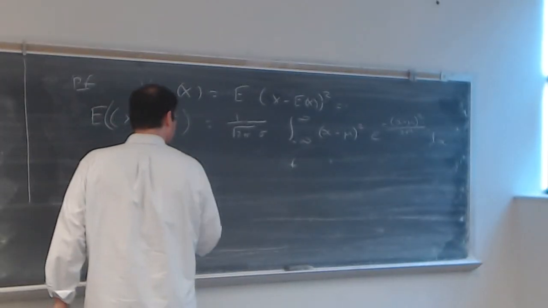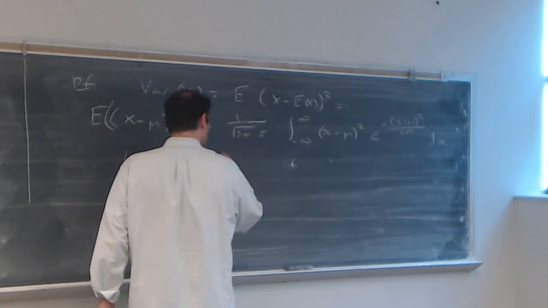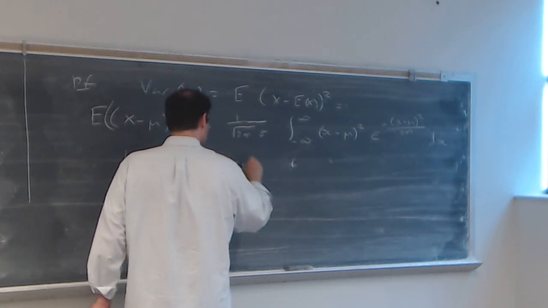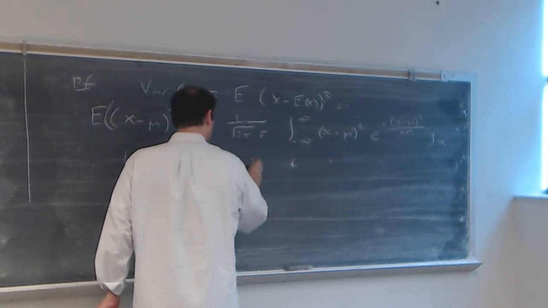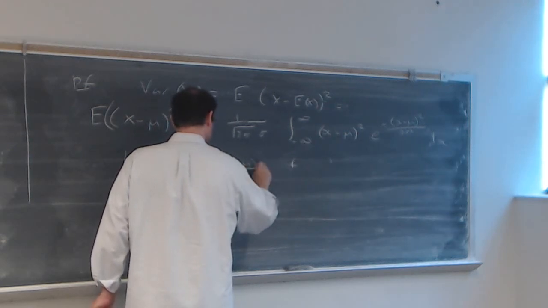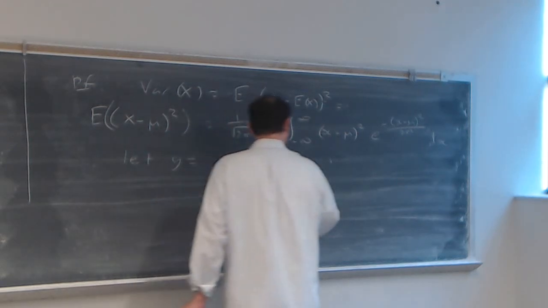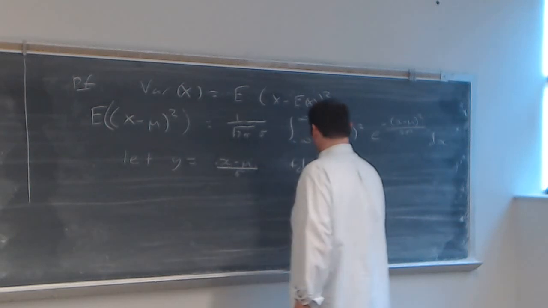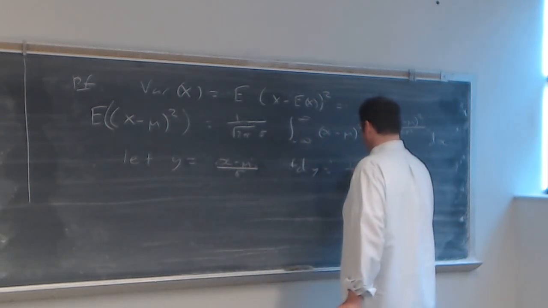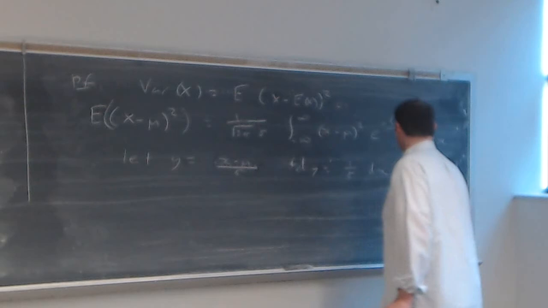Here we're going to let y be equal to (x minus mu) over sigma. Then dy will be equal to 1 over sigma dx.